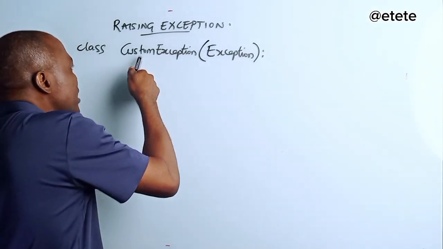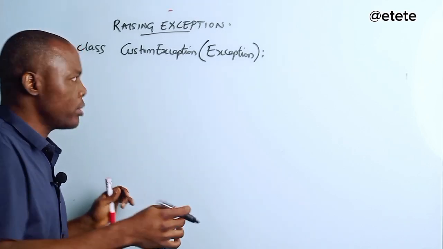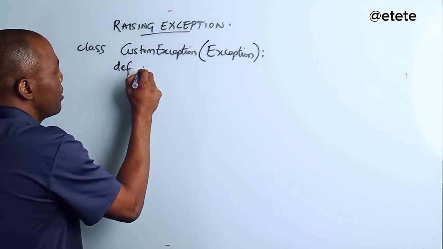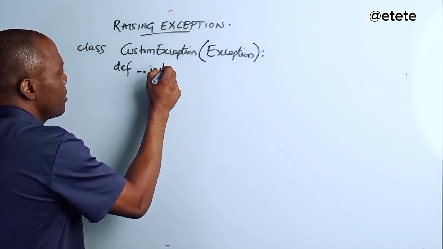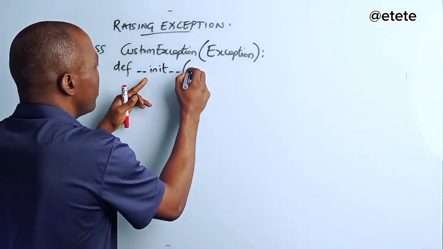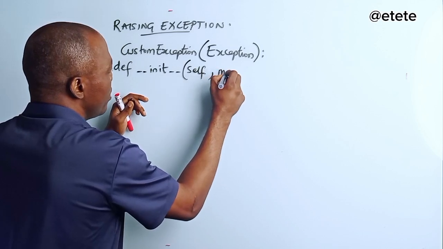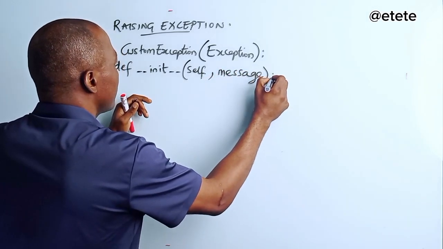All right. So inside my custom exception now, I'm going to define my init method. So I will say def init. Now, in this init method, I'm going to supply self to it, and then one other parameter, which is what? Message, right?